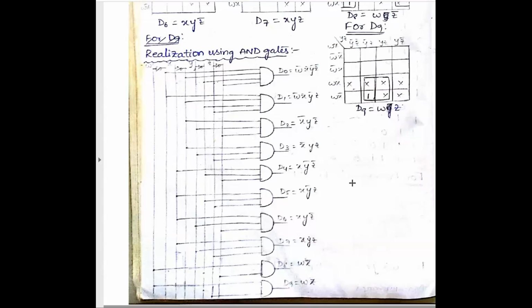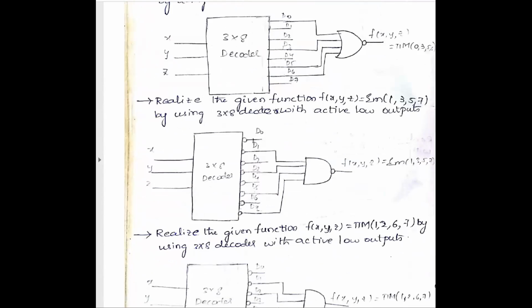If you have any doubt about how I did the BCD to decimal decoder, you can ask. Now, if asked for active low output for BCD to decimal, see here what happens. In this functional table, when the outputs are active low, only the D0 line will be 0, and the remaining D1 to D9 will be 1. In the K-map we have to map for max terms.